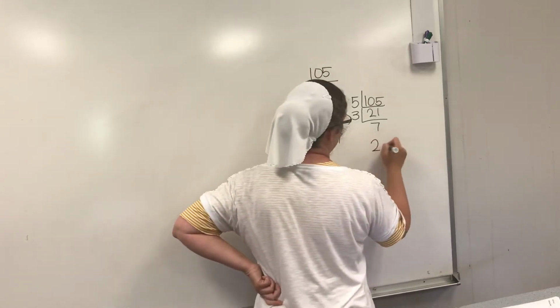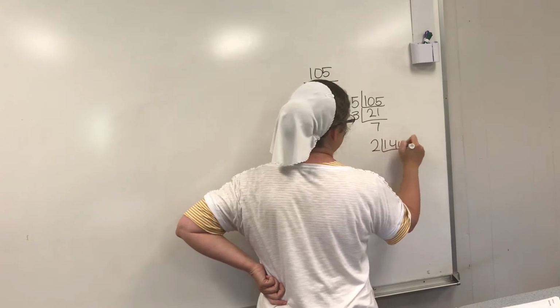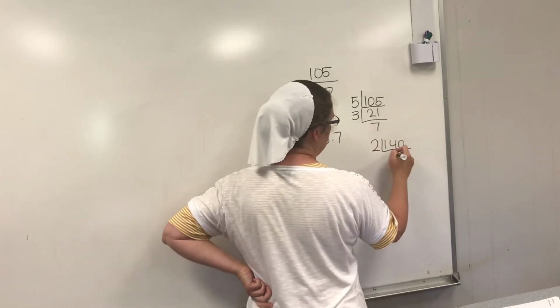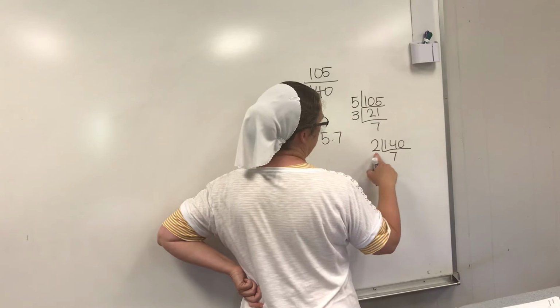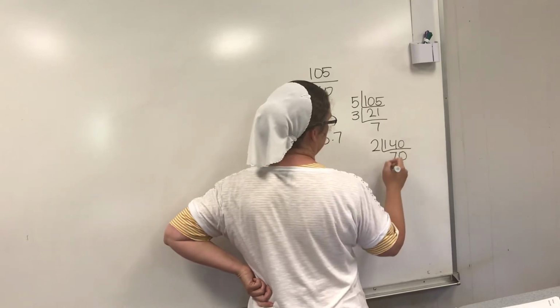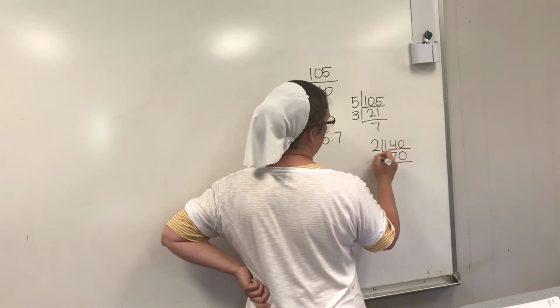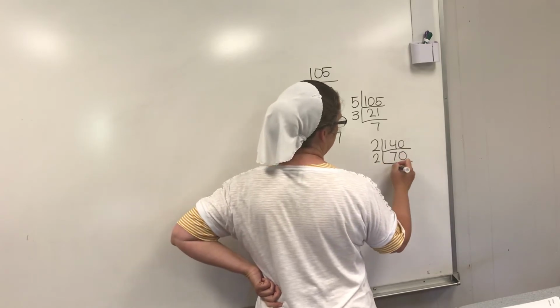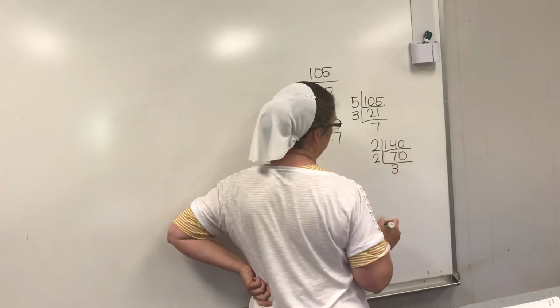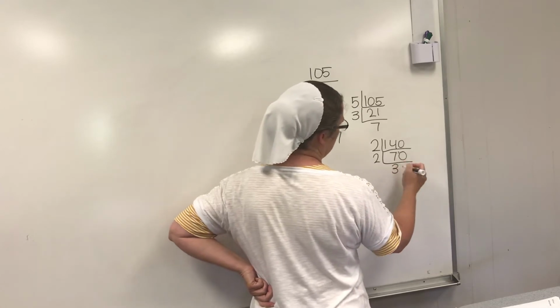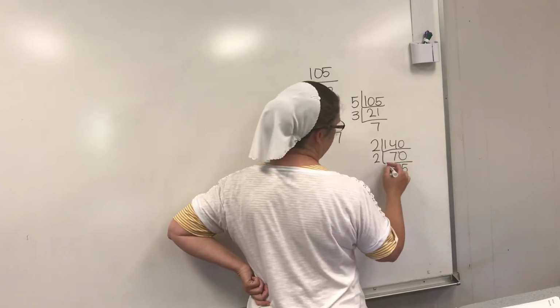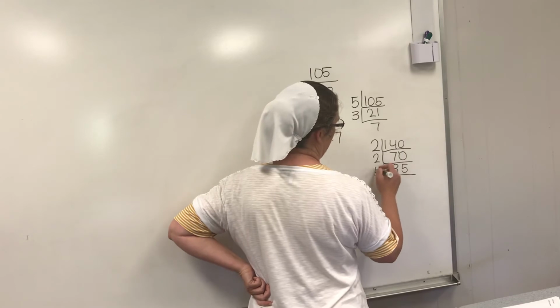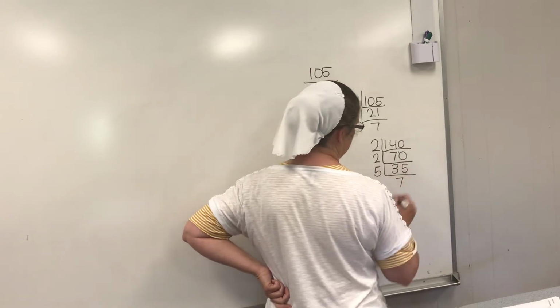Now let's do prime numbers of 140. 2 goes into 14 7 times. 2 goes into 0, 0. Again, we can use 2. 2 goes into 7, 3 times with 1 left over. 2 goes into 10, 5 times. 5 goes into 35, 7 times.